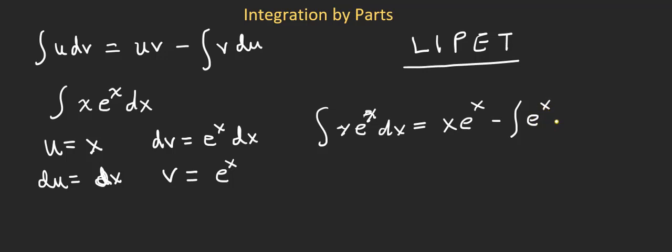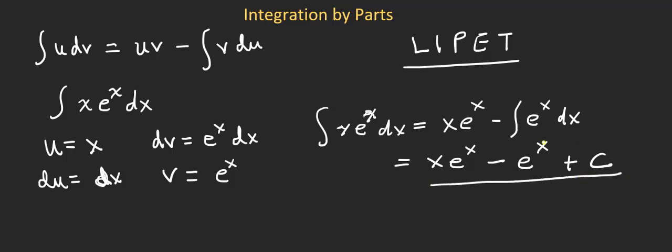And what is our du? du is just dx. So you end up getting x e to the x minus the integral of that, which is e to the x, and then don't forget to put plus c. So that will be your final answer. Notice, if you take the derivative of this, you'll end up getting x e to the x.